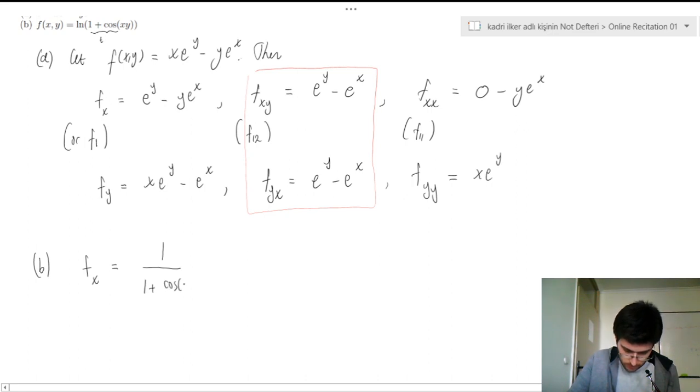Okay, we have something like this. Oops, we have a dot, not a comma. Then, of course, we should differentiate everything with respect to x, which gives you minus sine xy times, again by the chain rule, y.